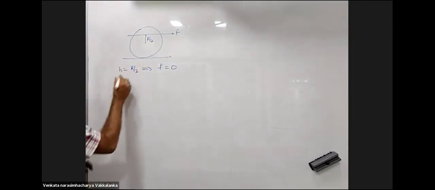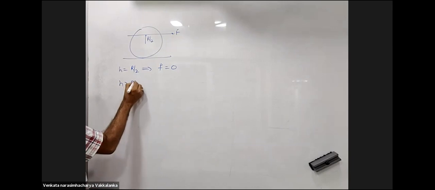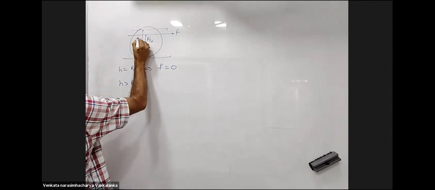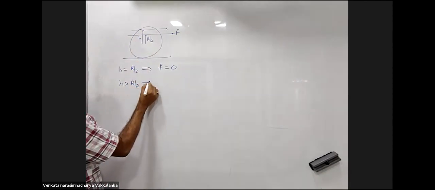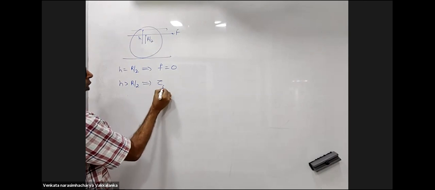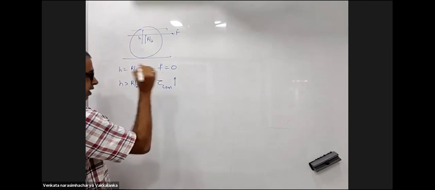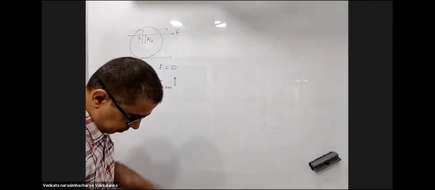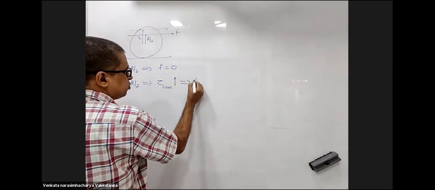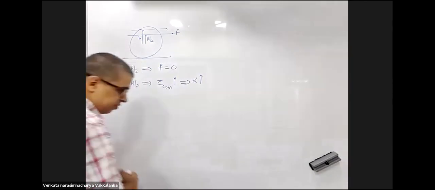Suppose h is greater than r by 2. Then will the torque about COM increase? That implies alpha increases.